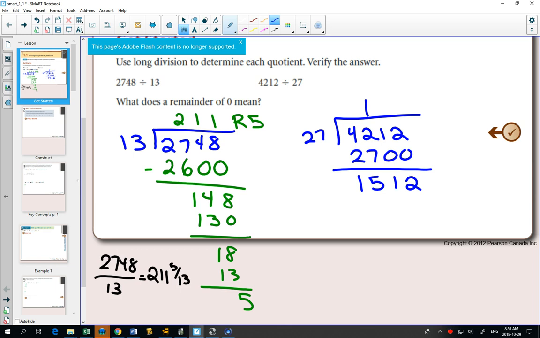Now we have 1,512. And we're in the tens column. 10 times 27 would be 270. What's the biggest number that we could put there to get as close to 1,512 as possible? 4?